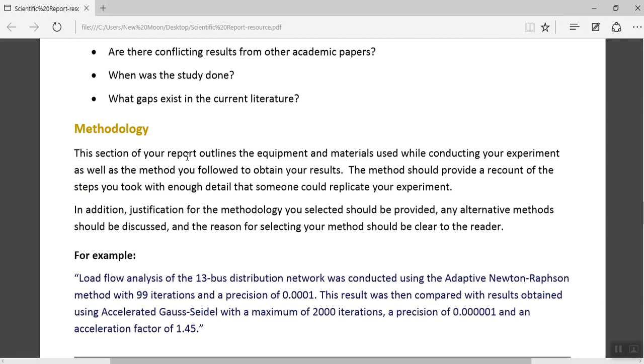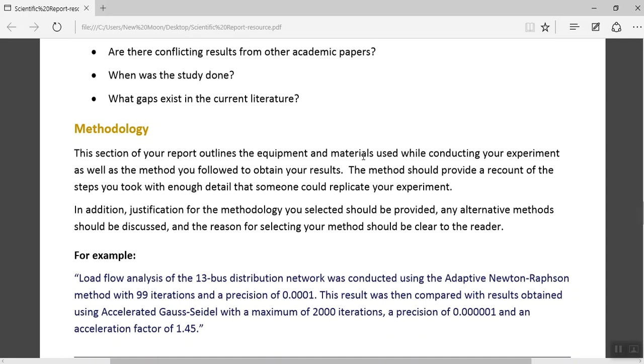And methodology is actually the research methodology. This is the technique, your discrete way to express things. This section of your report outlines the equipment and material. Methodology is the style of preparing your work.